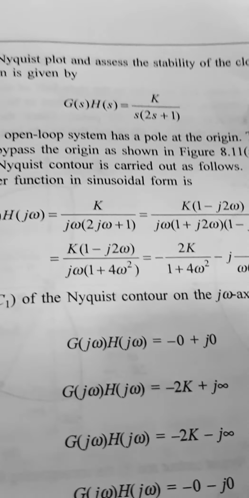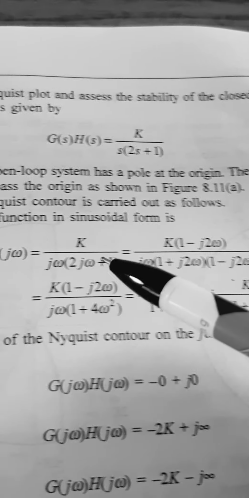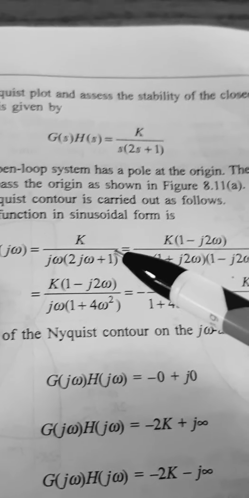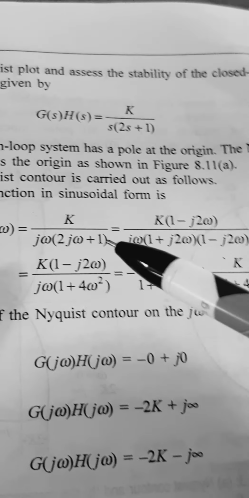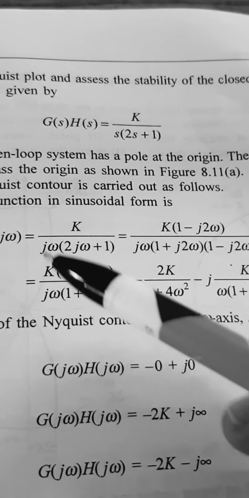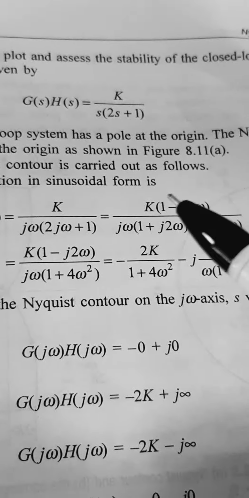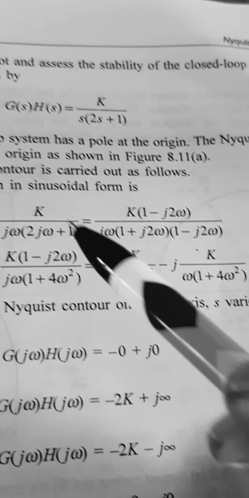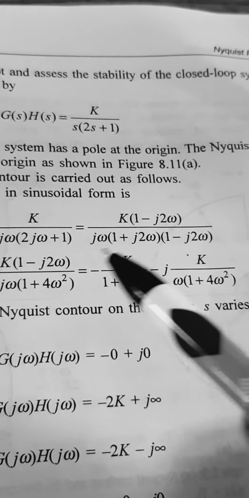Now in this expression, we have K divided by j omega into (2j omega plus 1). From this we won't get a pure real term in the denominator. So the normal practice is to multiply the numerator and denominator by the complex conjugate of the second term.